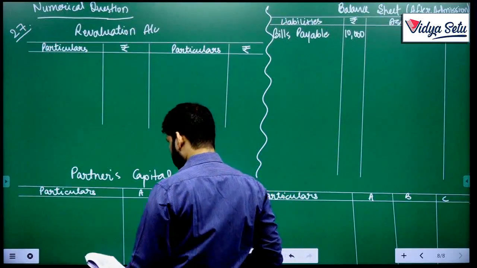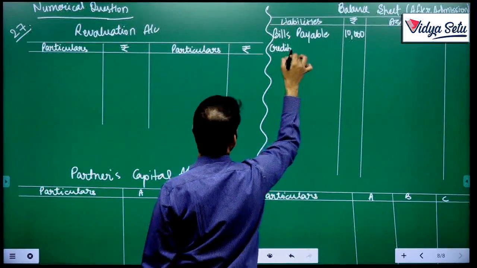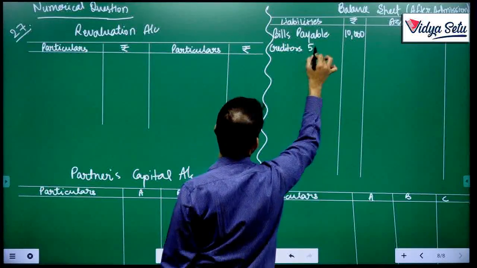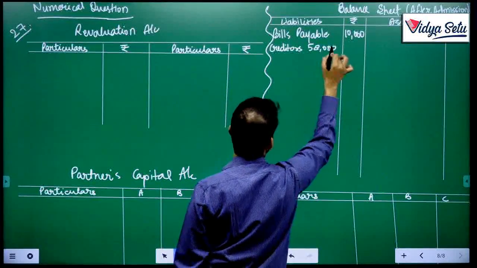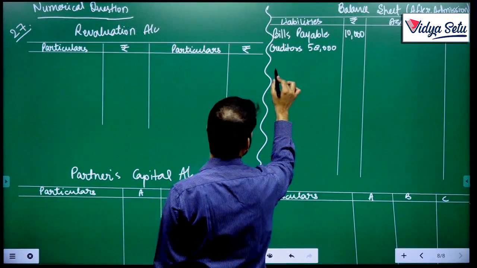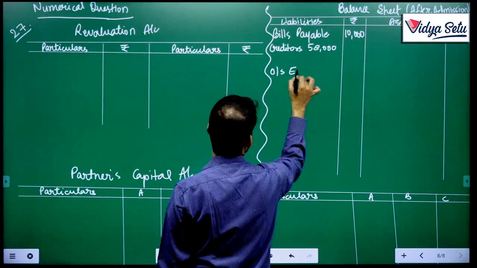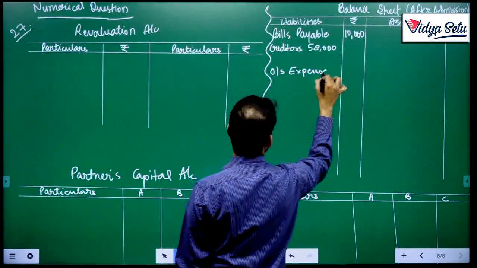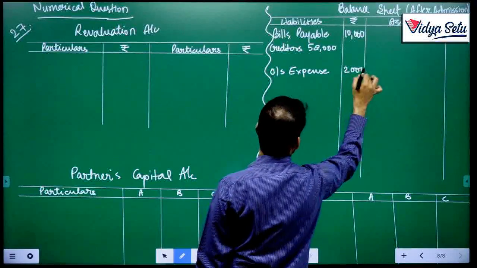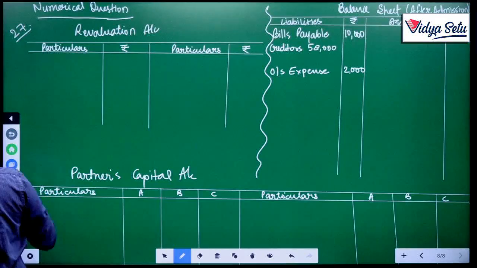Next thing was creditors, but there was an adjustment. So I'm writing 58,000 in the inner column. And then was outstanding expense. I don't think there was any adjustment there. Okay, so these three things on the liability side we have already recorded.